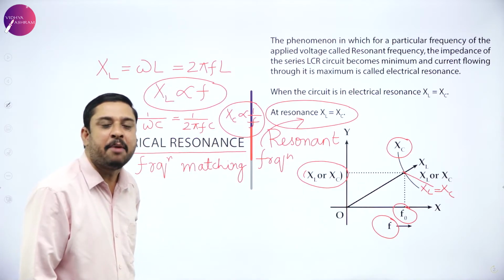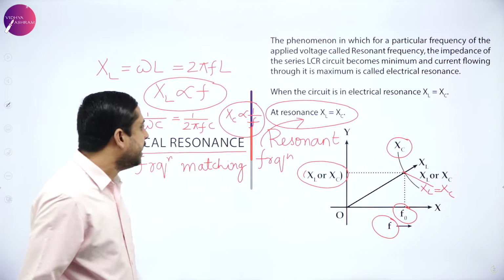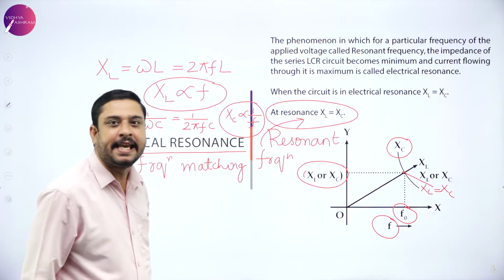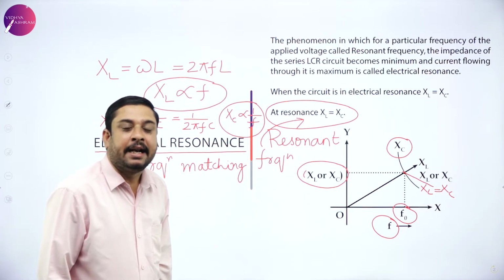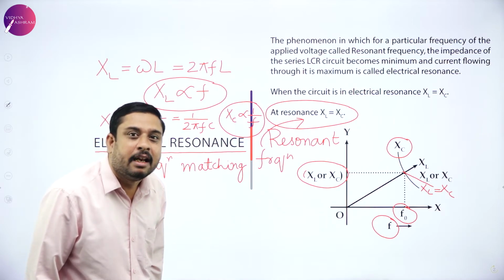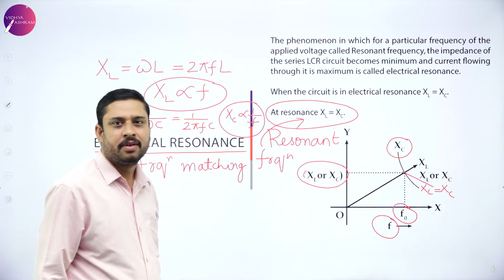So, what is happening at resonant frequency? XL is equal to XC, and hence we say electrical resonance is achieved.